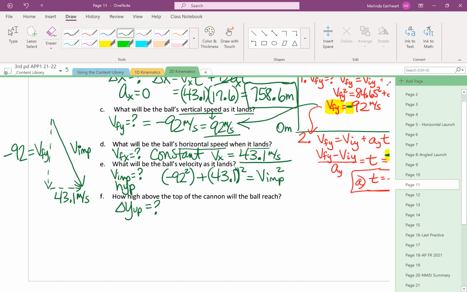And so while you calculate, a reminder, what we did conceptually to start, we had said, well, it's going to travel more downward than upward, and so it should be greater than the launch speed. We should get an answer greater than 95, okay?